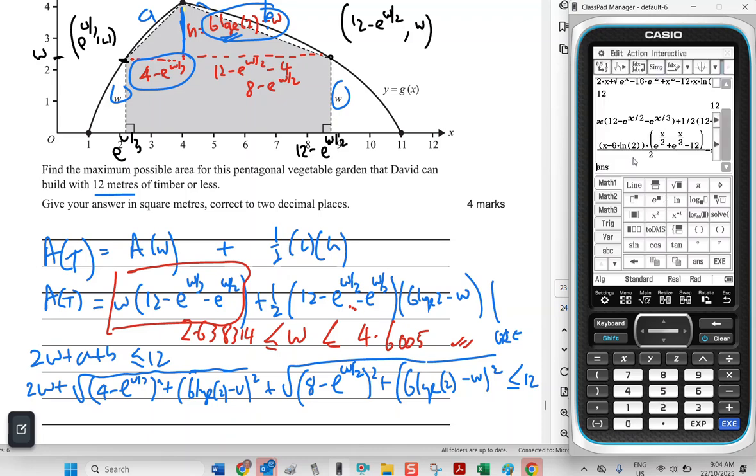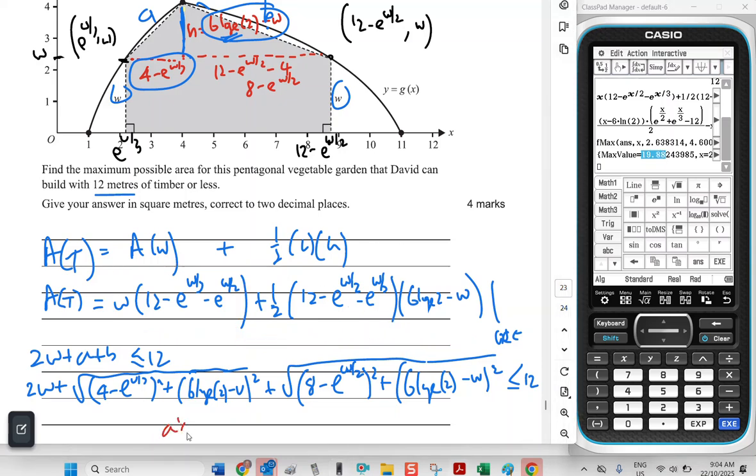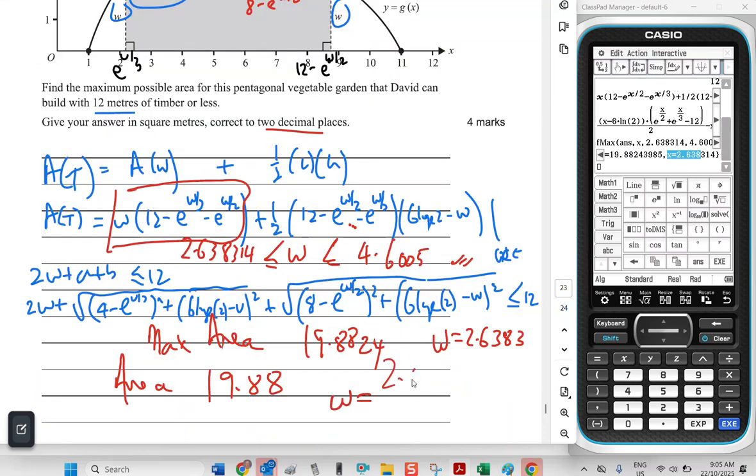And that gives me a maximum area of 19.88. That is going to be the answer.